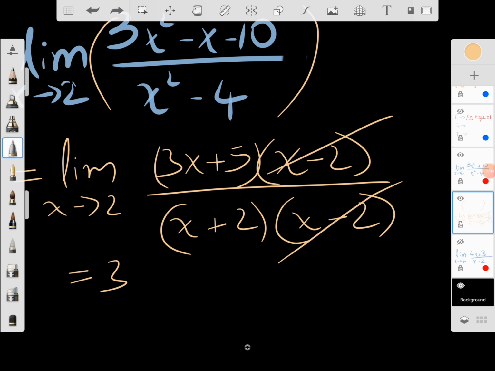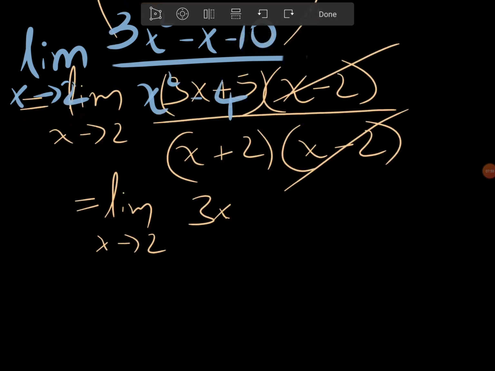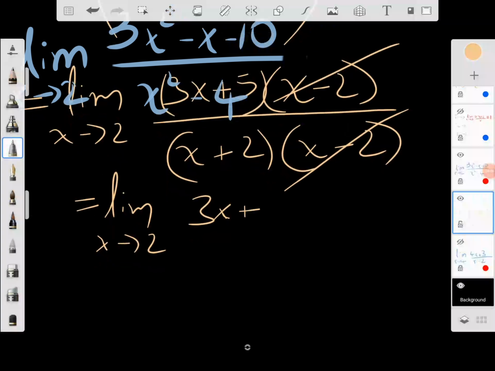limit. I should always write this limit until I substitute a value for x. Limit x tends to 2, (3x + 5) divided by (x + 2).